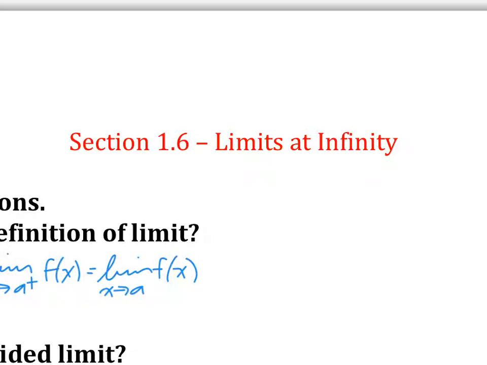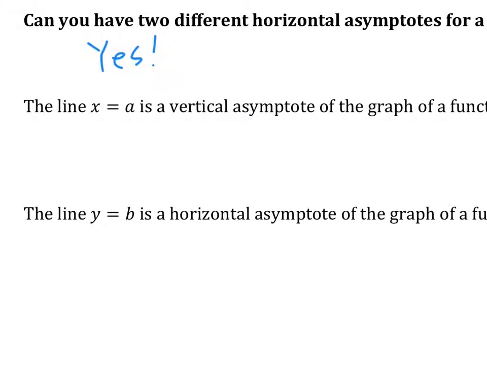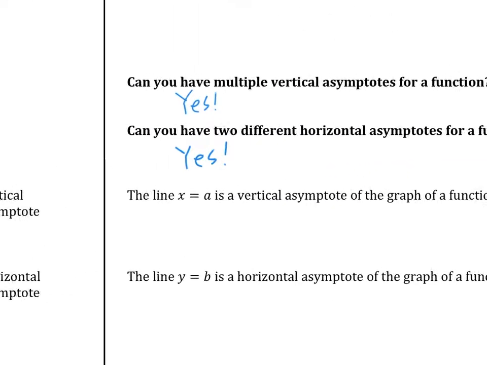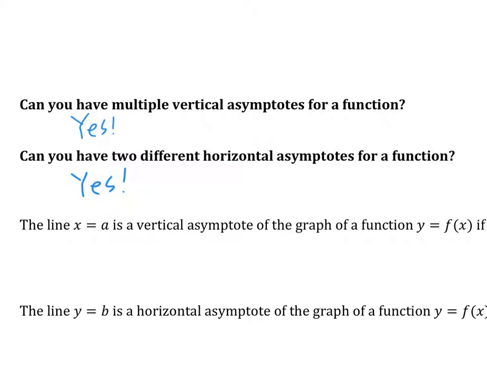All right, let's review from yesterday. Vertical asymptote. The line x equals a is a vertical asymptote of this graph if what happens with the limit notation?